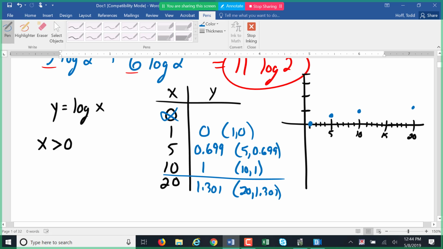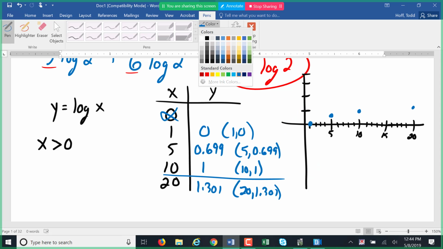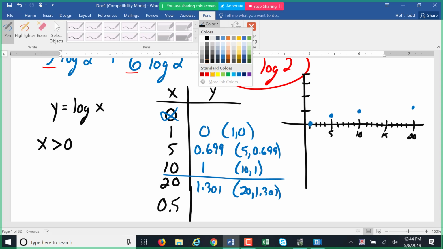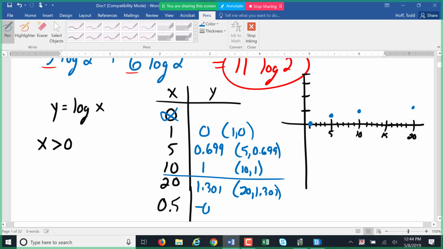Somewhere around there. Well, we need to know what's happening in here. So let's put in 0.5. If I do 0.5 here for x, I actually get a negative 0.301 when I do the log, don't I?